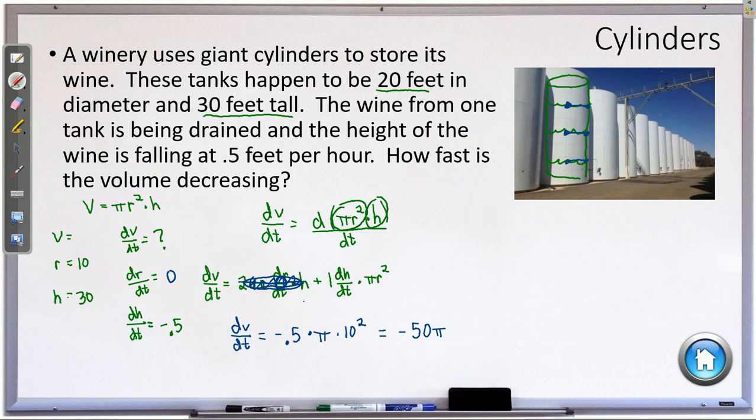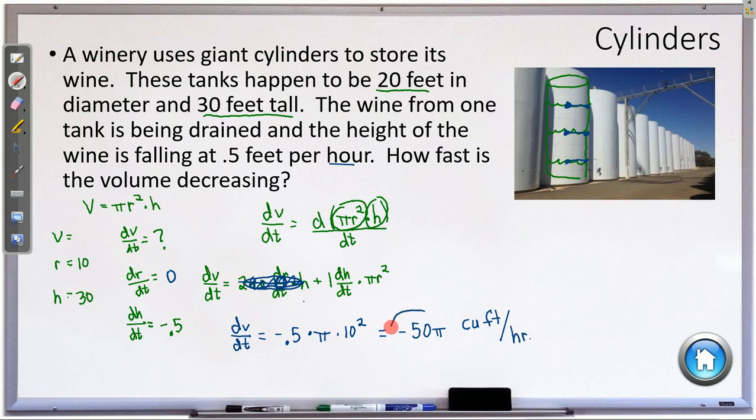Not super necessary. But we need some units. What are our units? Well, it's volume per time unit. So our volume will be in cubic feet, and we're measuring this in hours, so per hour.